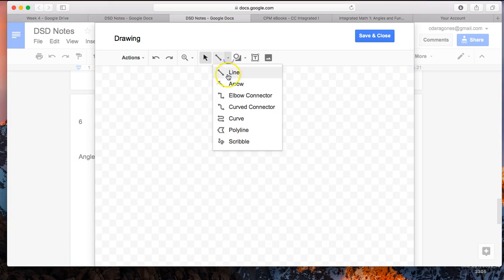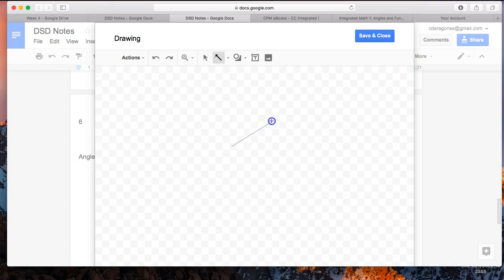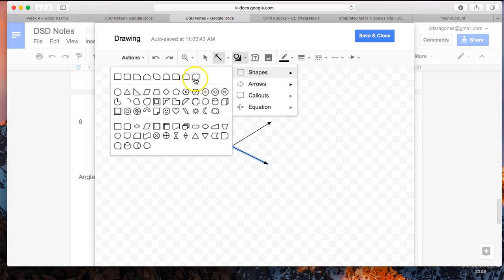This is one ray, and then this is another ray. And then they have this endpoint that they meet at right here.